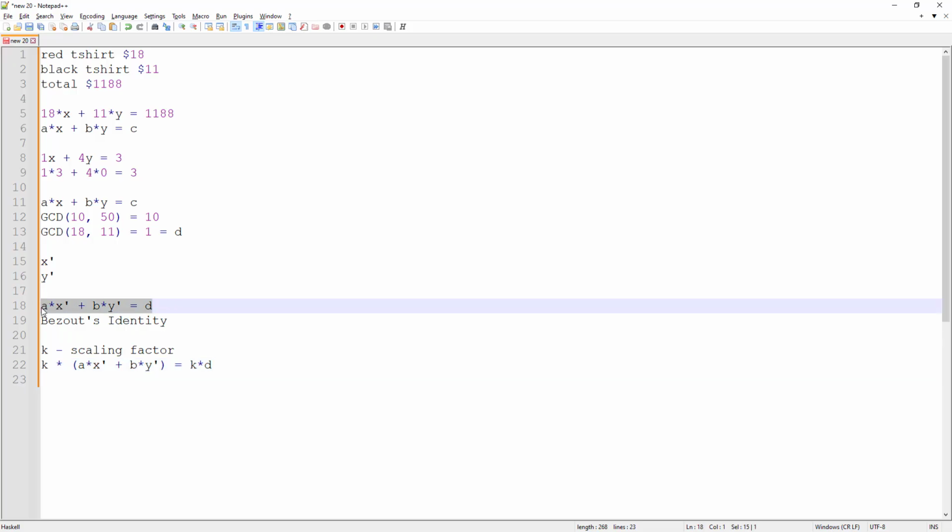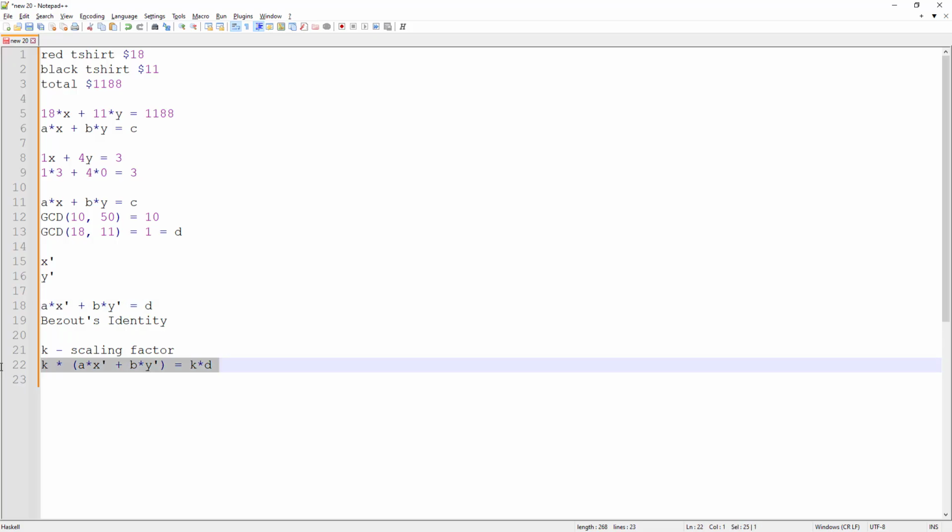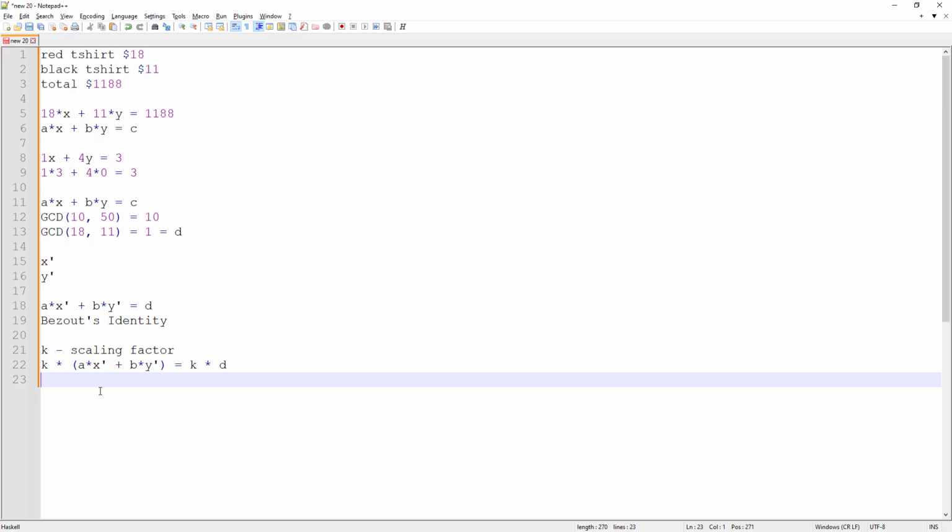Let me explain better. We multiply k from the left, and we multiply k to the right like this. This is a simple mathematical rule: if you multiply an equation with the same number on the left and the right side, it should not change. That's the truth.